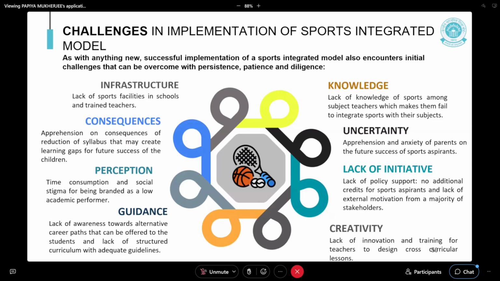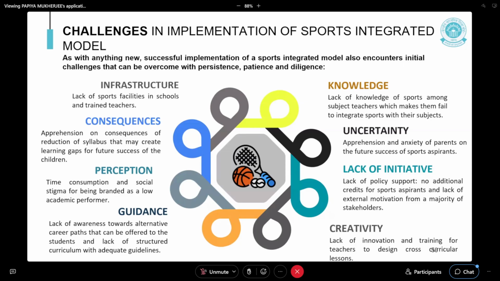Sometimes there is a lot of apprehension that it may create learning gap by reducing the syllabus. There is a perception in general that sports are for low academic performers, which is a myth. I'm sure every school principal would agree that they must have come across students who have done brilliantly in academics and were passionate about sports also.